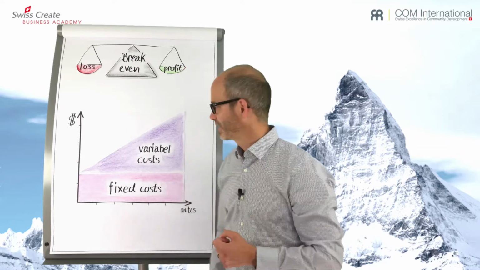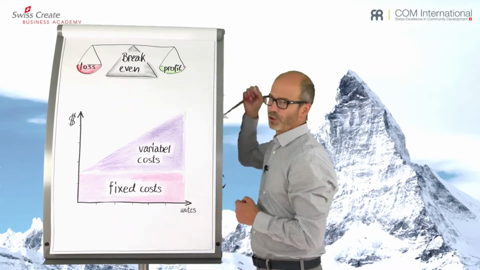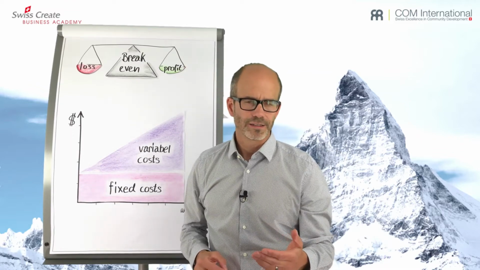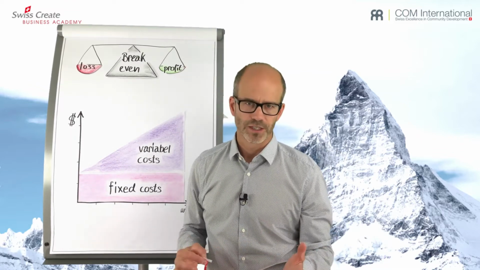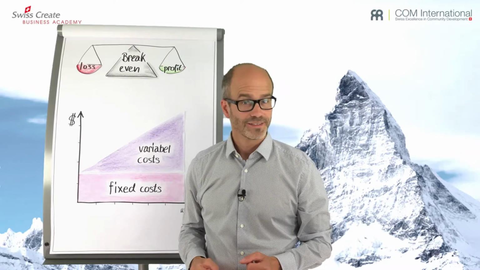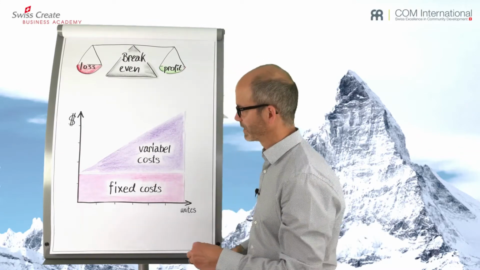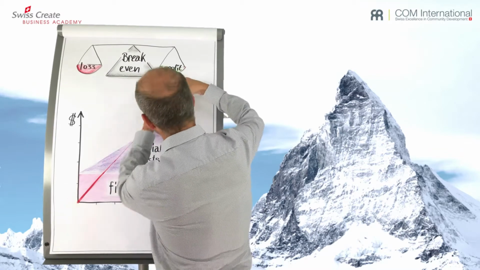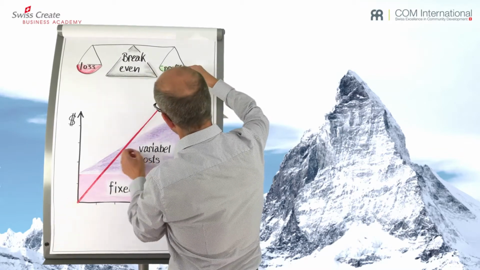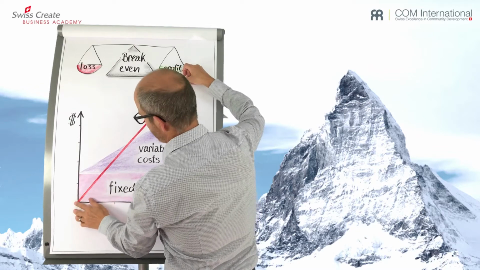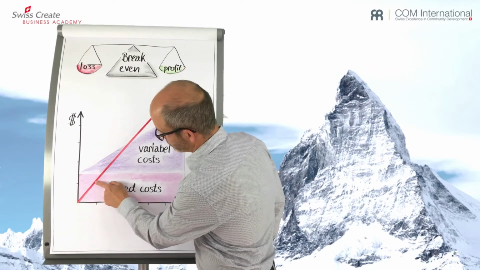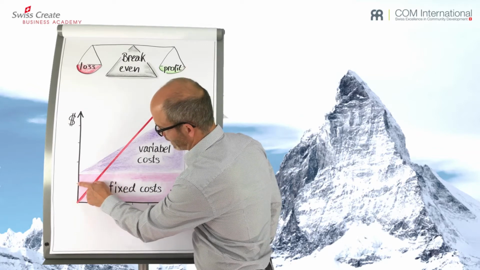And the third line is the turnover line. What's my turnover if I sell zero products? It's zero, yes. So this line will start at zero and will climb up straight. If I sell 1,000 products, I will make that turnover.